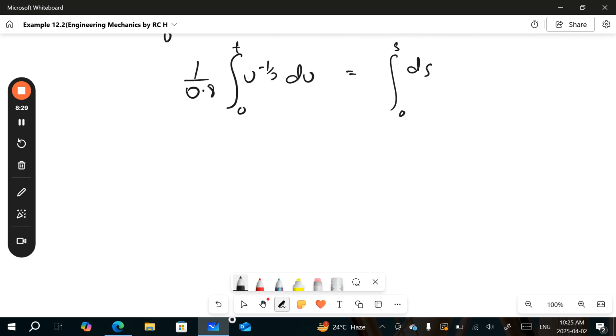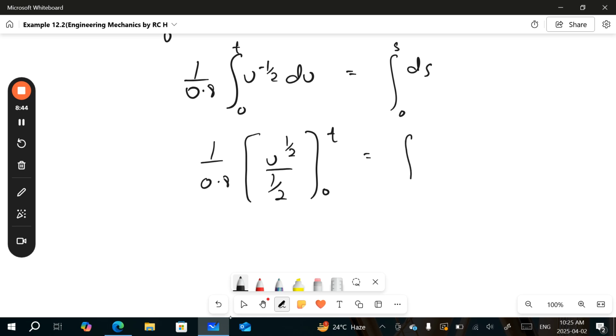So this becomes u power 1 by 2 divided by 1 by 2, from 0 to t, into 1 by 0.8, which becomes 2 by 0.8 u power 1 by 2 from 0 to t.